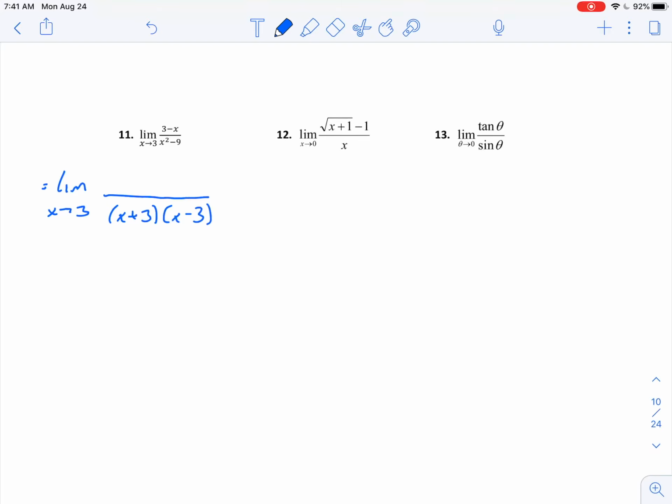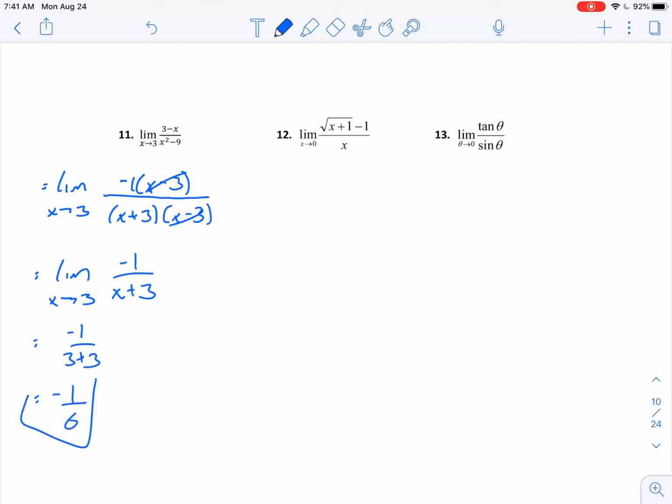So what we can do, trick is, factor out a -1, and that would change the x to a positive and the 3 to a negative. Now I can cancel out the x minus 3's, and now I can do direct substitution, because I simply have the limit as x approaches 3 of -1 over x plus 3, -1 over 3 plus 3, -1/6.